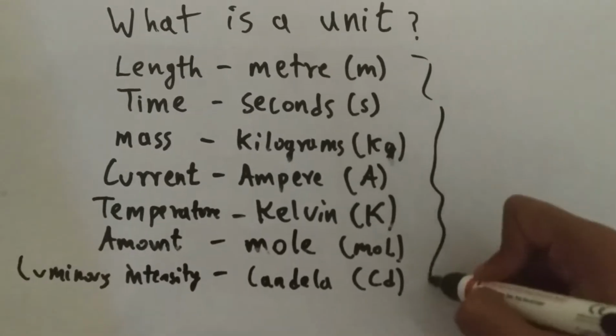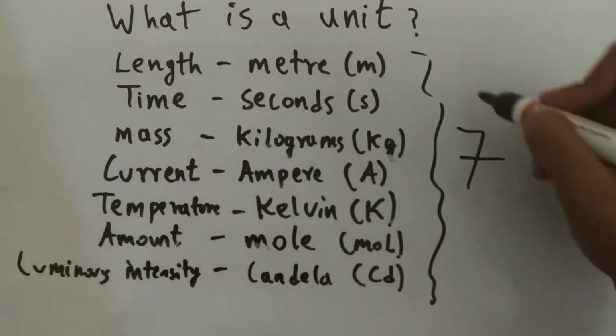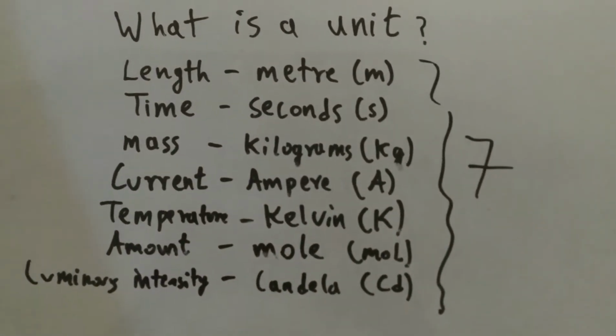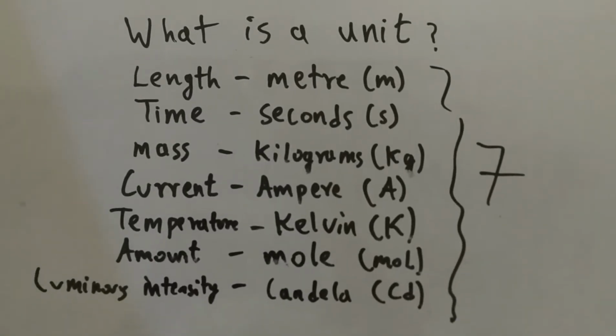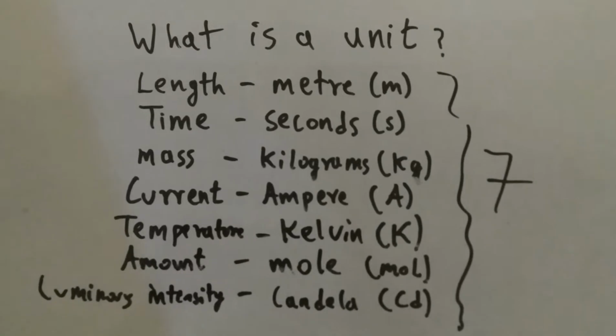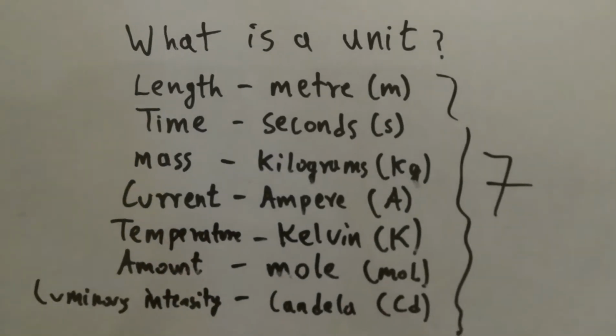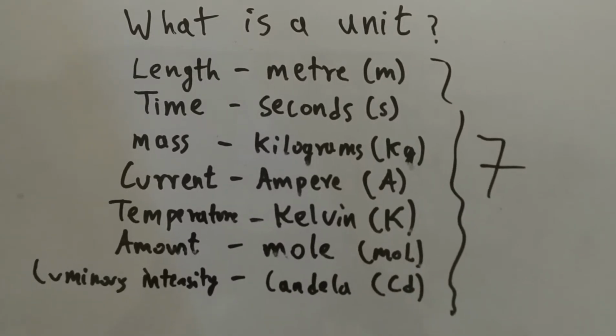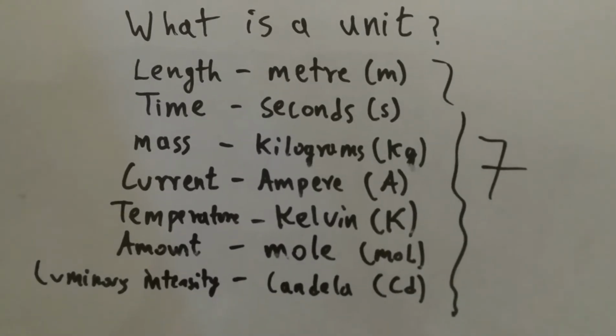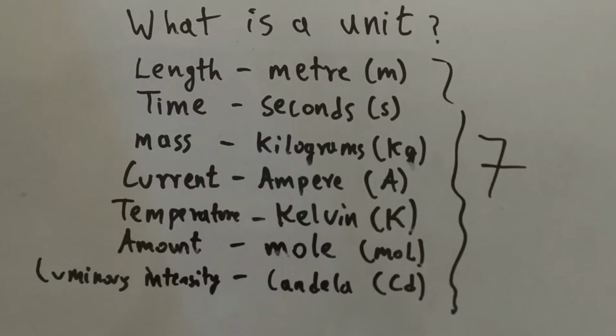These are 7 physical quantities, 7 fundamental physical quantities. Why are they called fundamental physical quantities? Because each and every other quantity can be defined by a combination of these fundamental quantities.